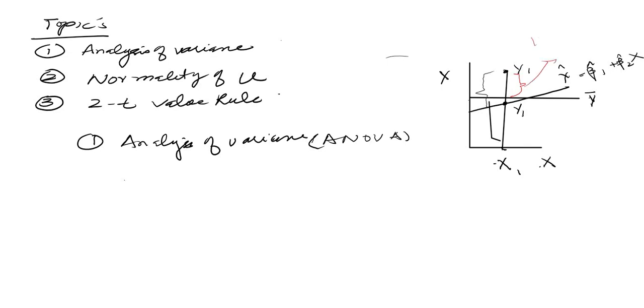We call it y1 minus y1 hat. This height is representing y1 hat. The portion which is above the line and below the y1 value is y1 minus y1 hat, and we also call it u1 hat.